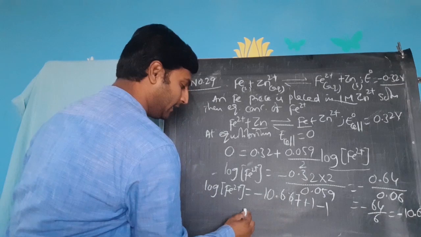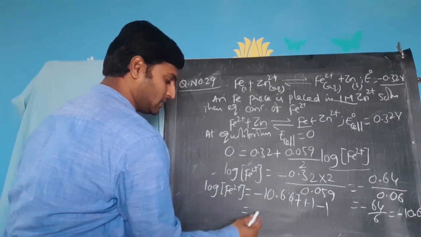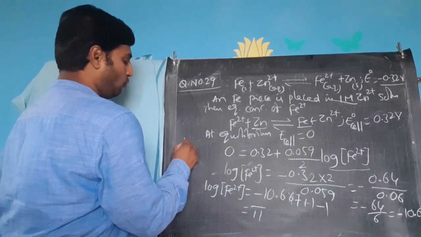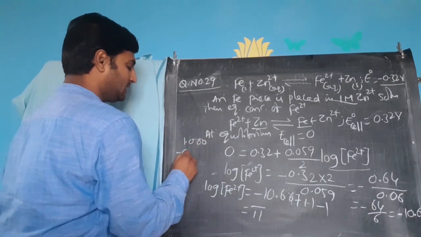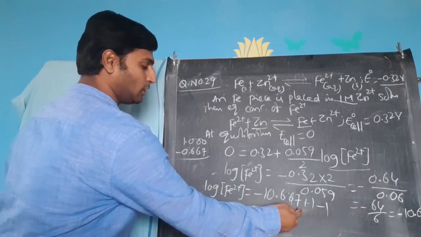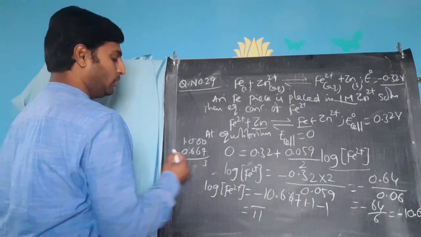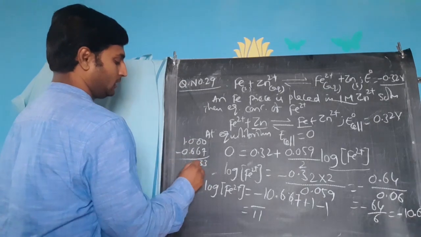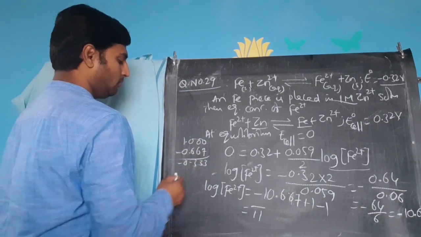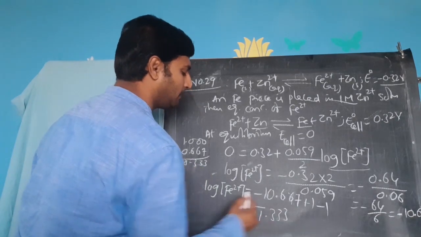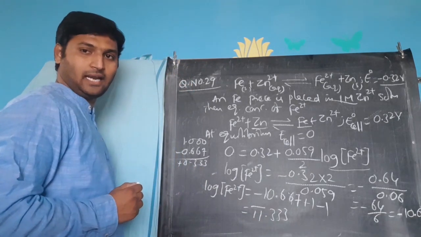Minus 1 will be added to the characteristic so that it will become minus 11. Now 1 minus 0.667, so plus 1 minus 0.667 we are going to do. So 3, 3, 3. So plus 0.33. So 11 bar point 333 something you are going to get.